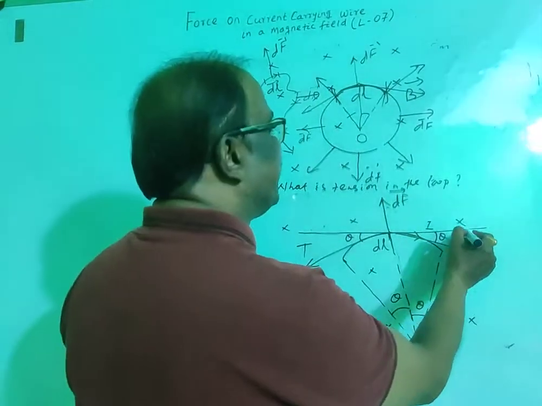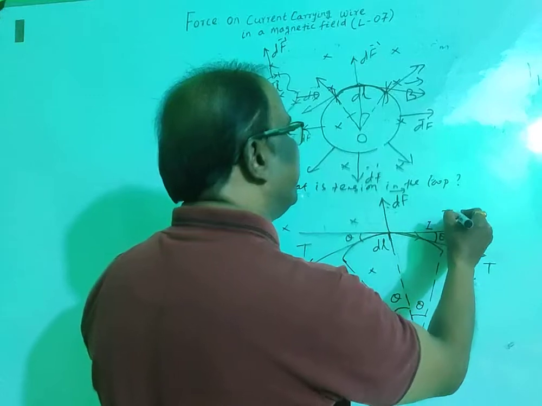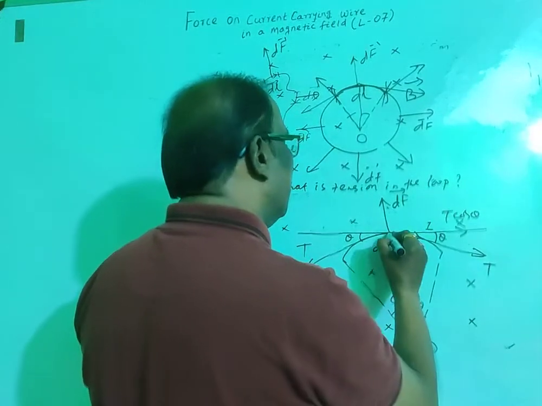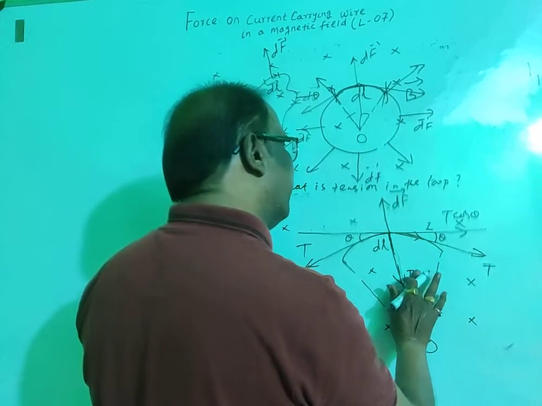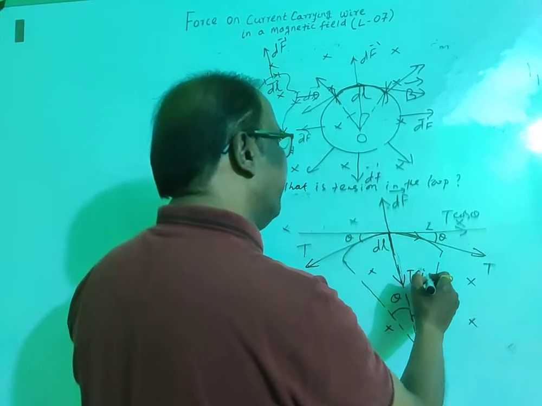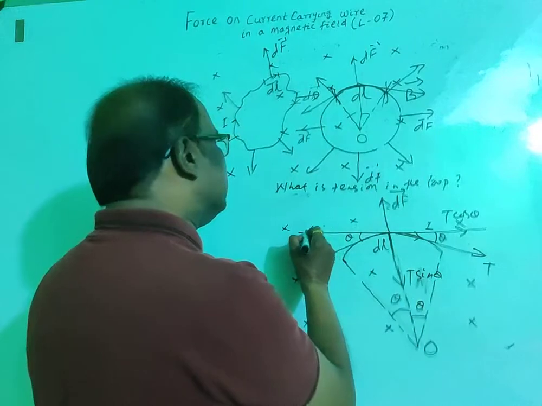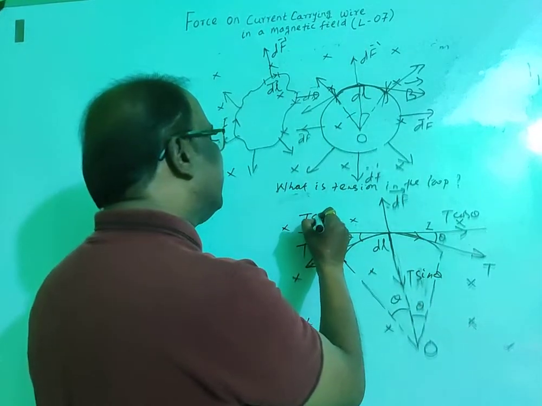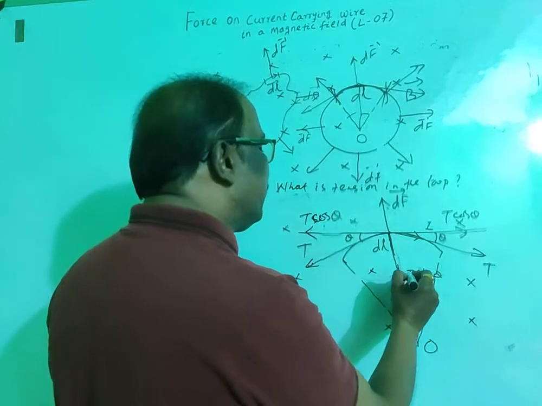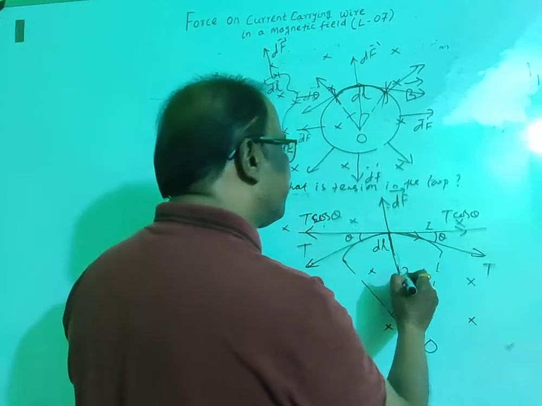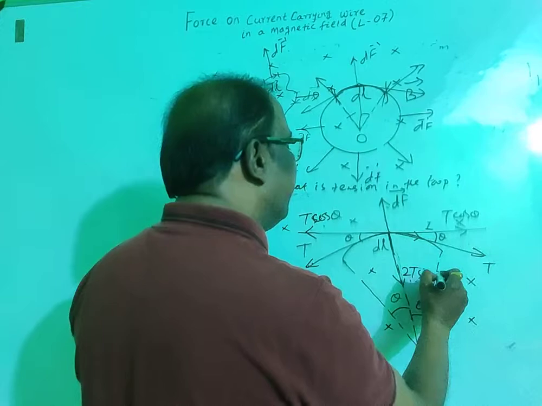The reason for this is tension. Along this direction the component of tension is T cos theta and along this direction it is T sin theta. For the other tension, the component along this direction is T cos theta and along this direction T sin theta. So the total force becomes 2T sin theta.